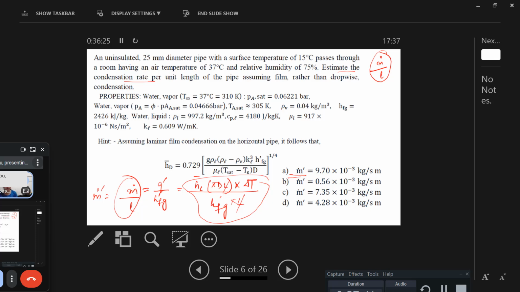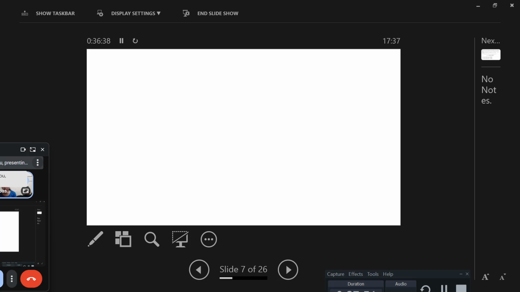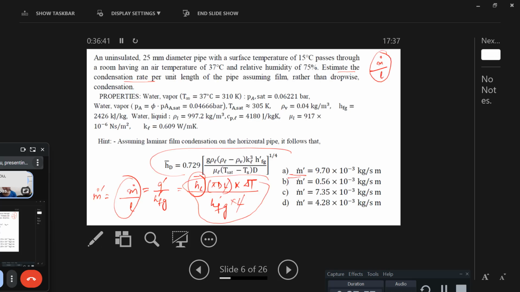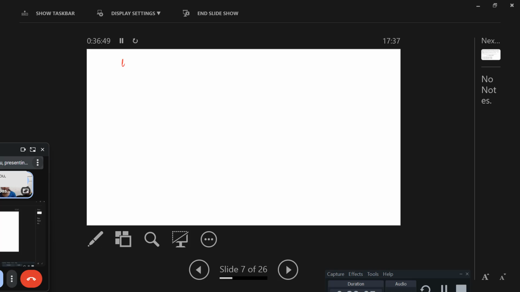So first thing is we require this HL or HD, which they have already given the formula for. For this, again you need to find out this HFG prime. So we'll first find that out. It's the same formula, HFG plus 0.68 CPL into T sat minus TS.